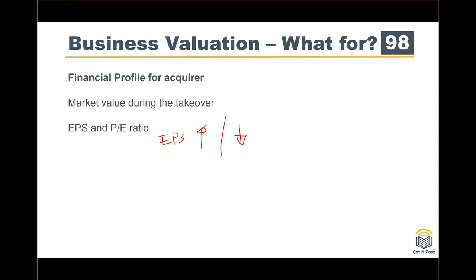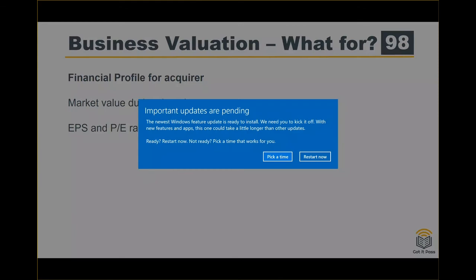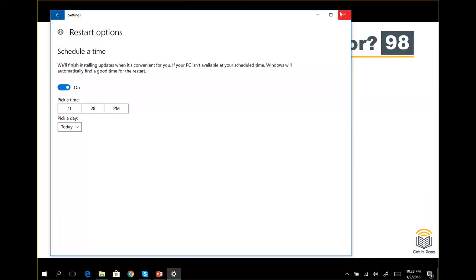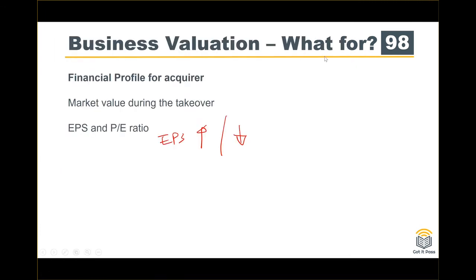If more shares are issued and the earnings have no significant impact, or the earnings impact is not that big, then the problem is the earning per share. If it's going down after the acquisition, then the share price will be affected.